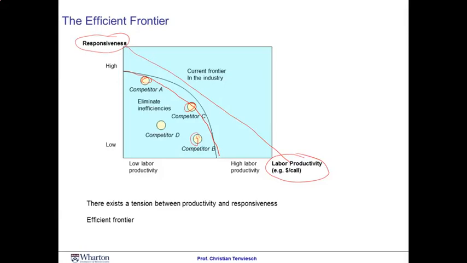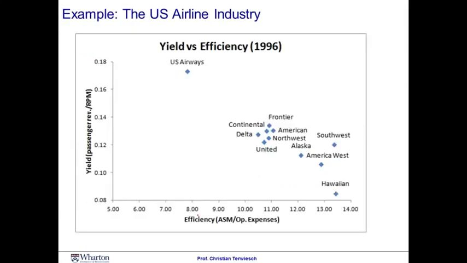Now you notice that competitor D is not on the frontier. For competitor D, we have a distance to the frontier, and that is what an inefficiency looks like at this very high level perspective.